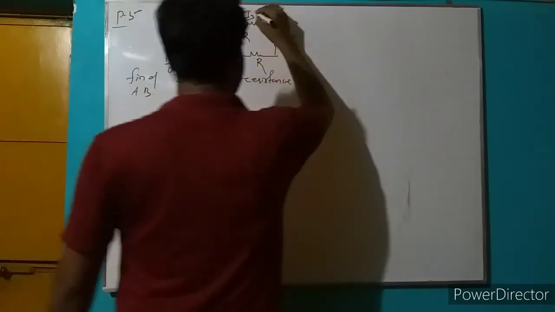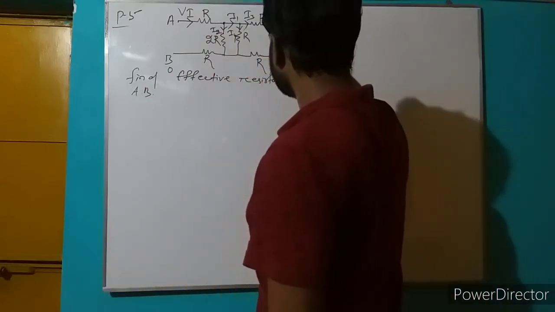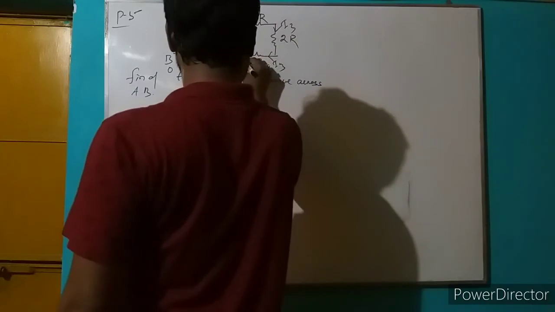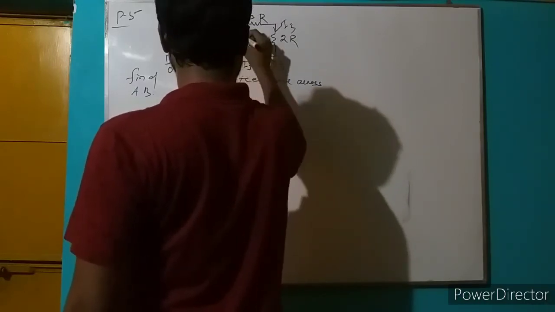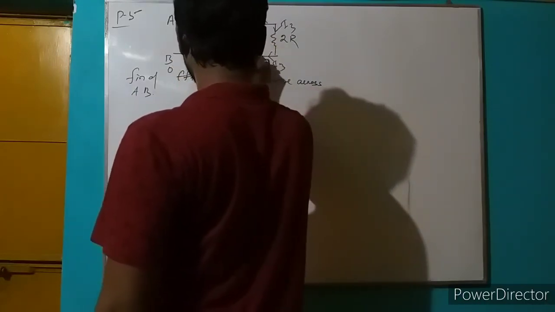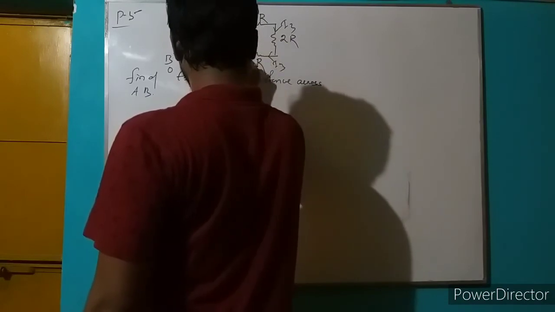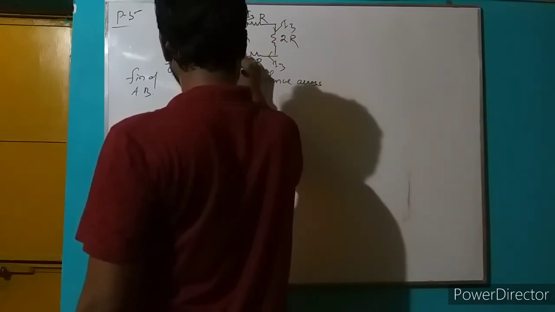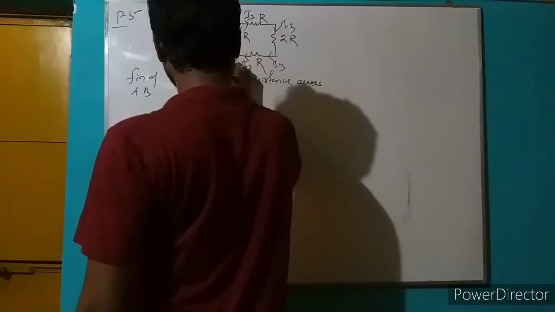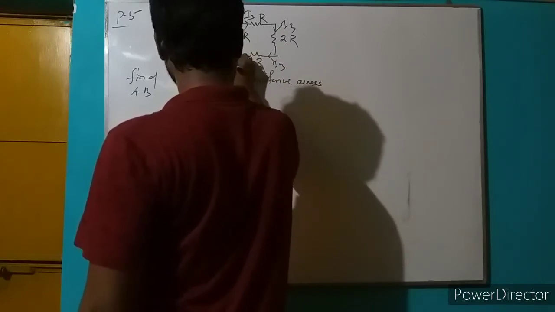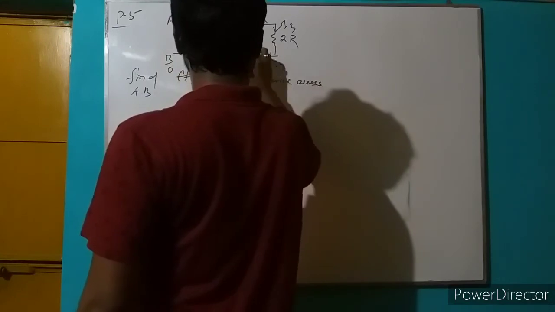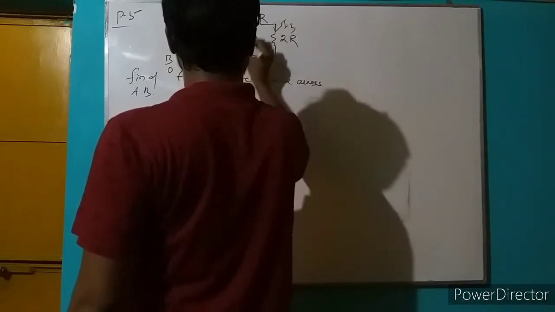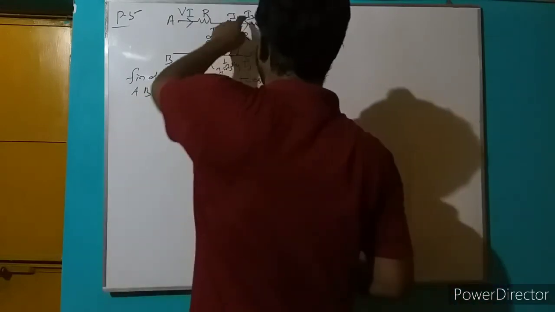Now I3 is moving in that direction. At that junction, I3 and I4 are adding algebraically, I3 plus I4, which gives I1, because I1 was converted into I3 and I4.